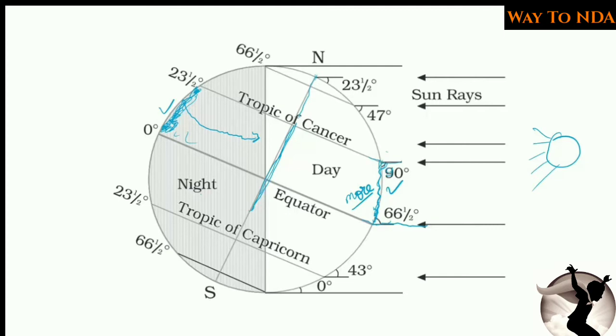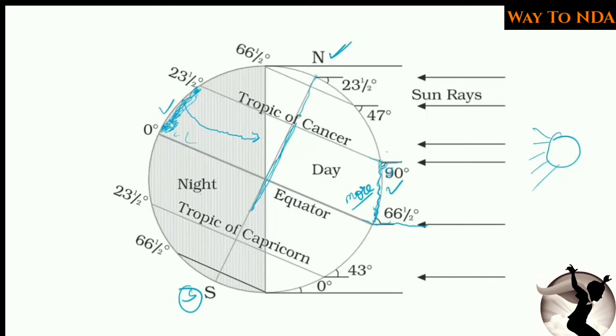So this area and this area will receive an equal amount of energy when the earth is rotating around its own axis. But in the other cases, if you see the north pole and the south pole, here you will find a difference in the distribution of energy. In this case, the north pole will receive more energy as compared to the south pole. Why?